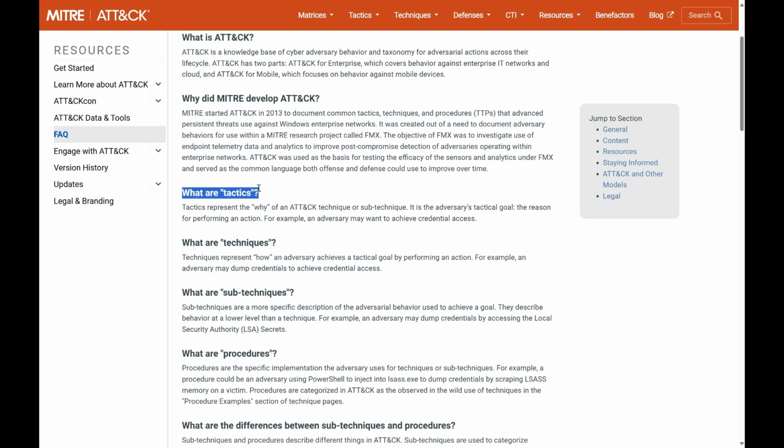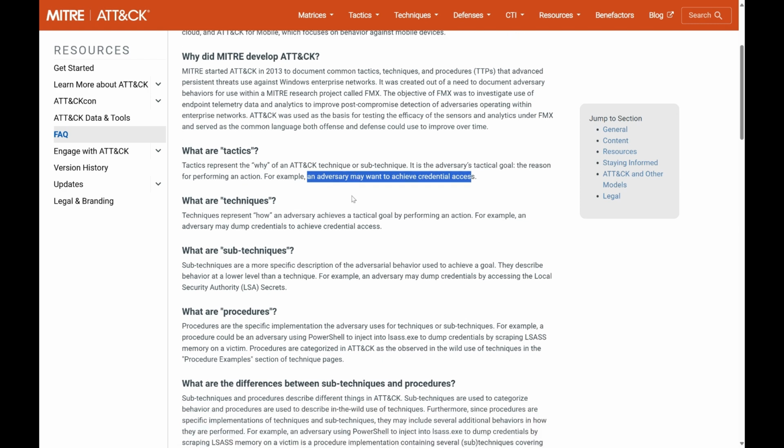Here we have what are tactics. Tactics represent the why of an attack technique or sub-technique. It is the adversary's tactical goal, the reason for performing an action. For example, an adversary may want to achieve credential access.